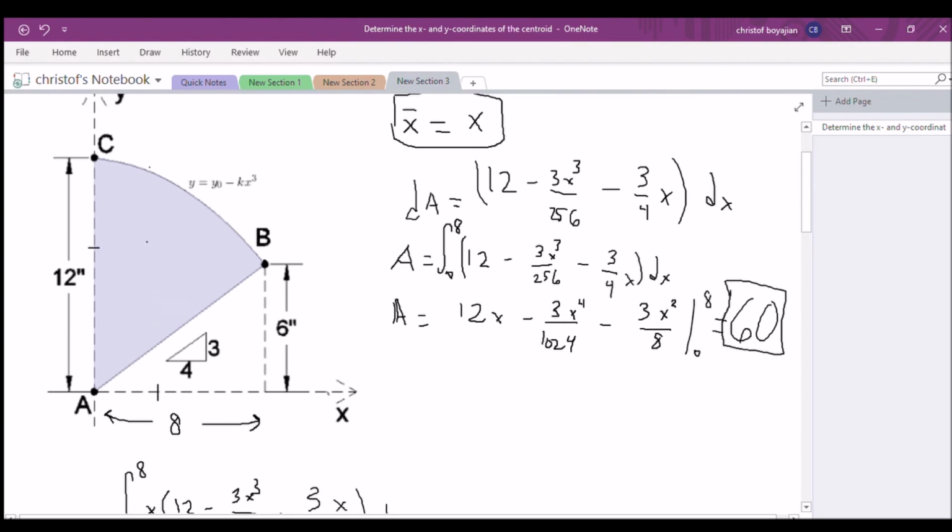If we meet over here, this should be our centroid. So this is our centroid of coordinates 2.99, and you can round that to 3 too, but I'm going to keep these within 3 significant figures for the time being. And our y coordinate is 6.74 inches.